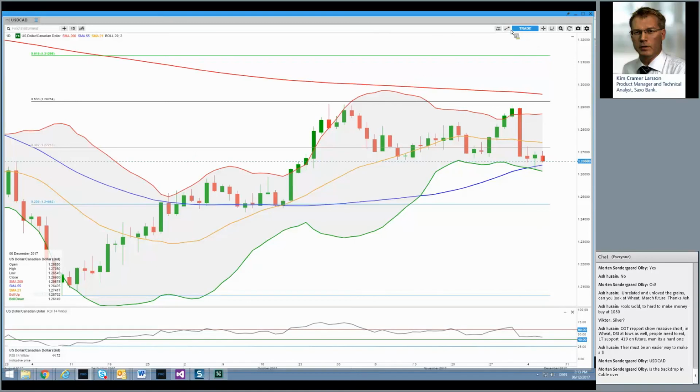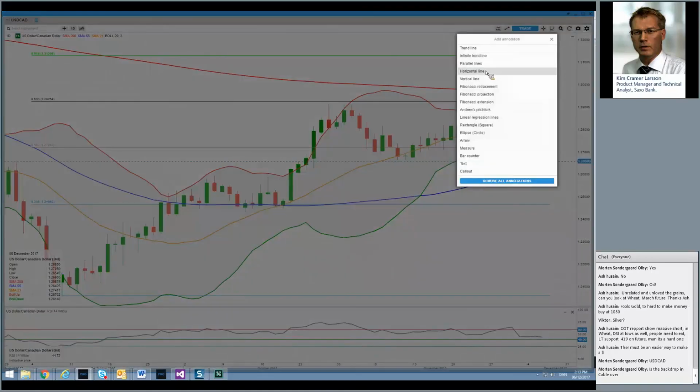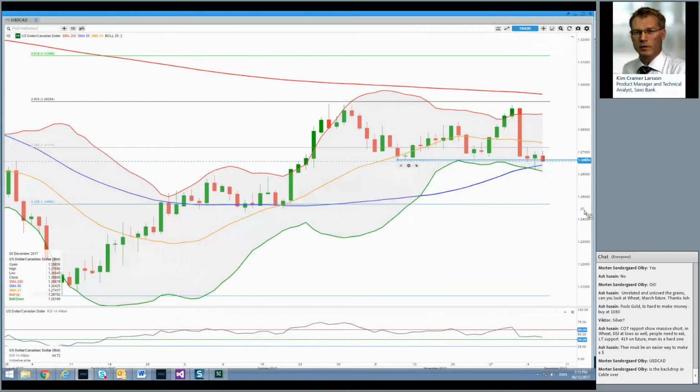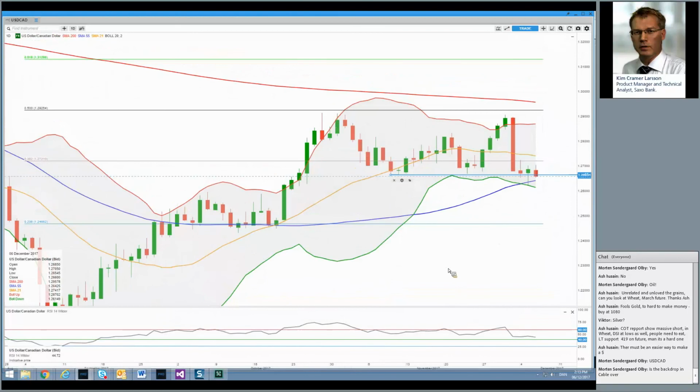Maybe we should see it taking out this not so strong support, and now it's working on it. We have some support here around the 126.5. A close below, well, then maybe we are down to around this level, which is around 124.5, 125.